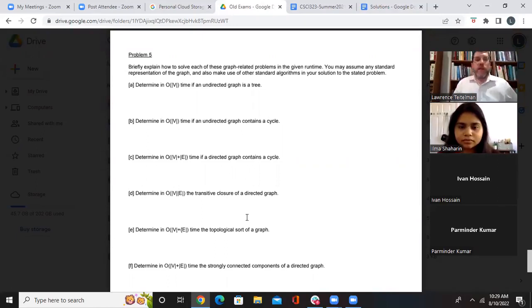All right, this looks like a nice problem here. You may assume any standard representation of a graph and also make use of other standard algorithms in solution to the stated problem. So how do we determine if an undirected graph is a tree? You can run DFS on it and keep track of how many vertices you hit.